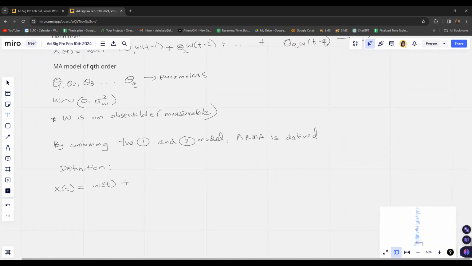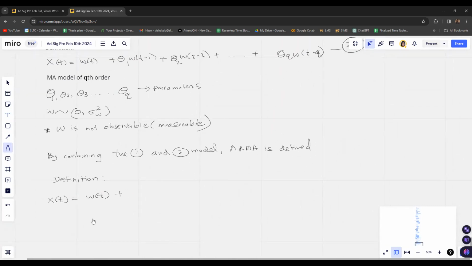So the random noise that is added at time t, plus the past values of the input xt signal, which we can get as the sum over i equals 1 to p of phi i times x t minus i.